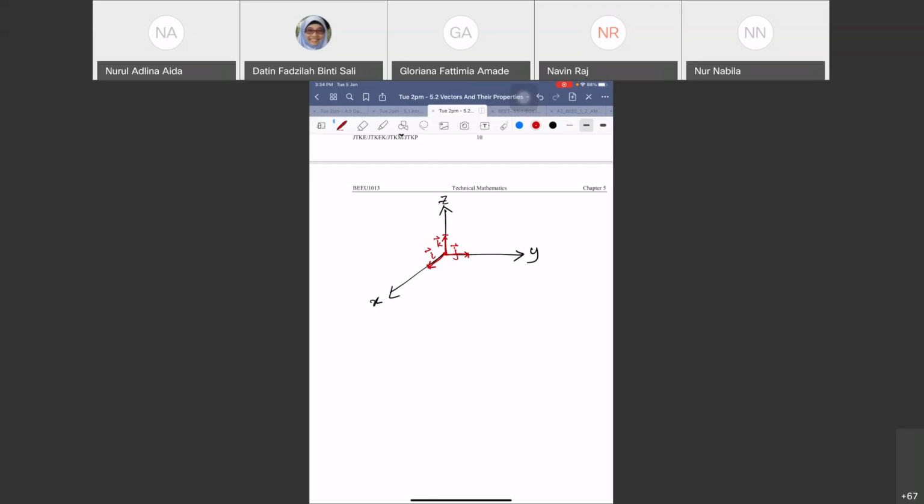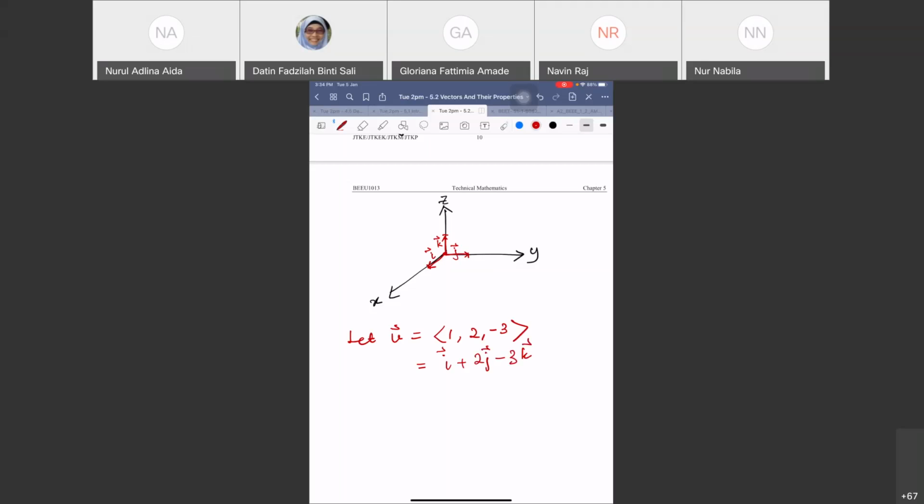Now, if we let u equal to, let's say, (1, 2, -3), or as we wrote just now, in terms of i, j, k, how do we actually plot this?